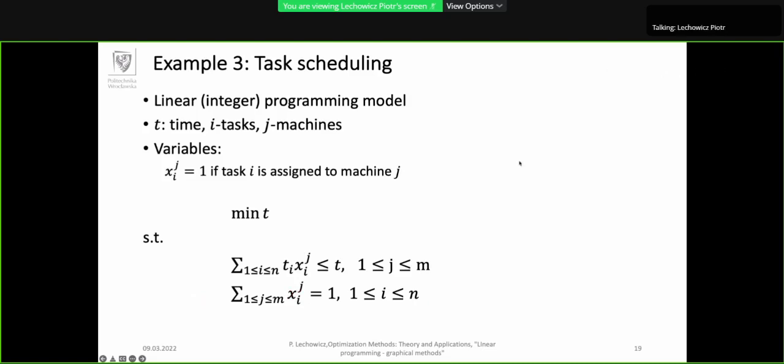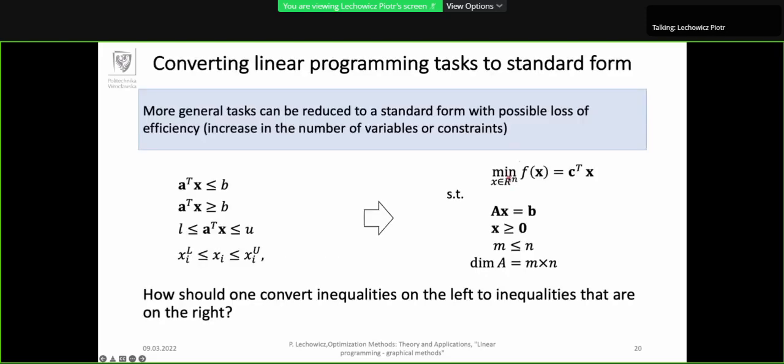So as you can see, creation of such a problem mathematical model can be a little bit complex. And as I already mentioned, the general task can be reduced to standard form.